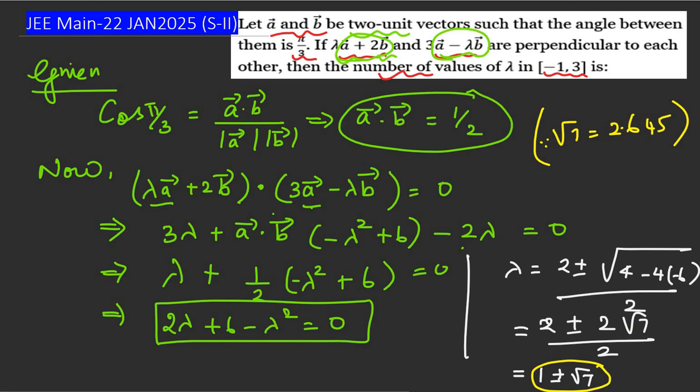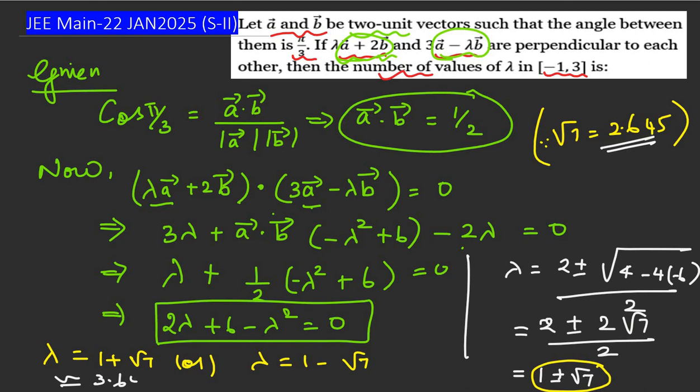Now see the interval given for us: lambda in minus 1 comma 3. Lambda is either 1 plus root 7 or 1 minus root 7. Taking root 7 as approximately 2.645, 1 plus 2.645 is approximately 3.645, and 1 minus root 7 is approximately minus 1 point something.